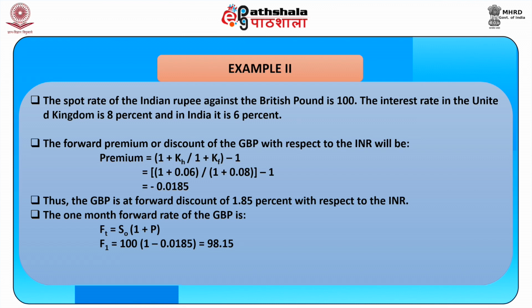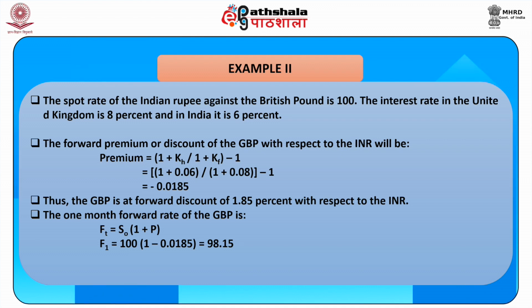In this case, the forward premium or discount of the British pound with respect to the Indian rupee will be premium = (1 + KH) / (1 + KF) − 1, which is equal to (1 + 0.06) / (1 + 0.08) − 1, which is equal to −0.0185.